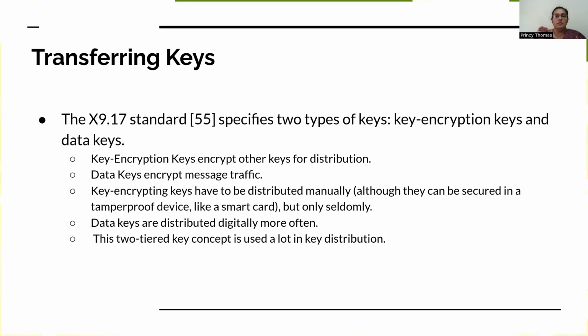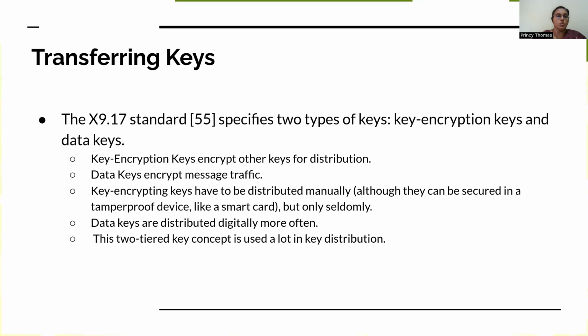In normal cases, key encrypting keys are distributed manually. It might be part of a token or it may not be. It can be stored in a tamper-proof device like a smart card, but only sometimes. Otherwise, the actual key is transferred manually, face-to-face. But the data key is then distributed digitally, because it is generated and securely transmitted.